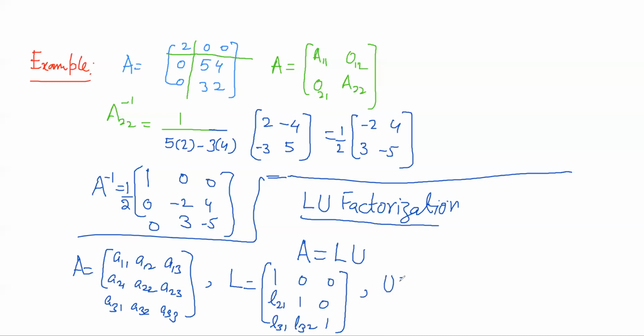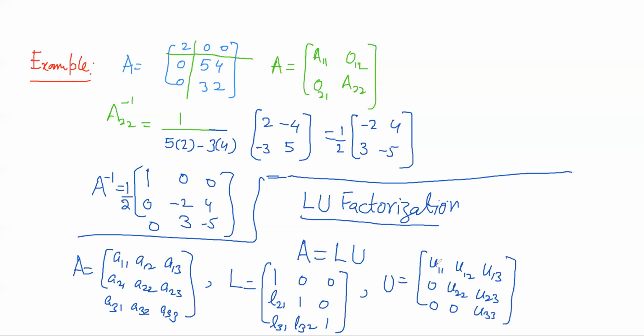And its upper triangular matrix will be something like this. We can represent it by U11, U12, U13, and then 0 in the lower part, U22, U23, and then 0, 0, and then U33.